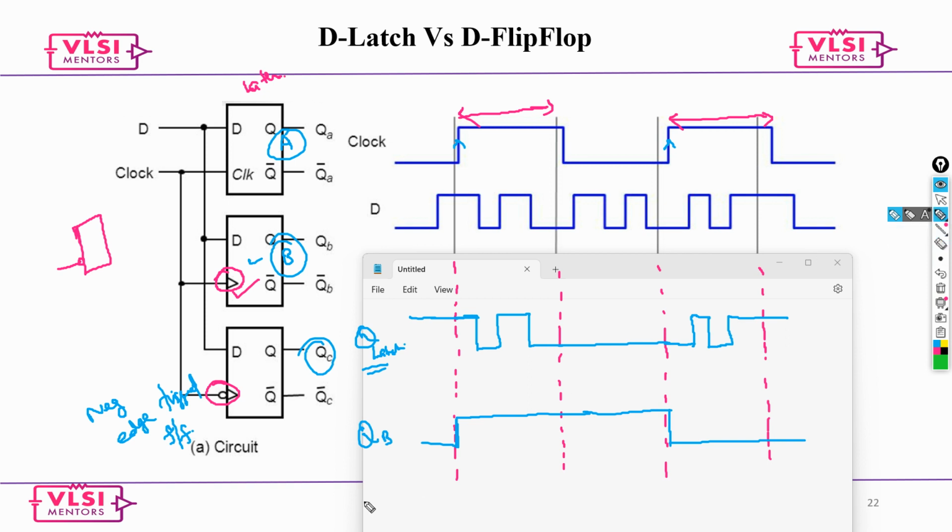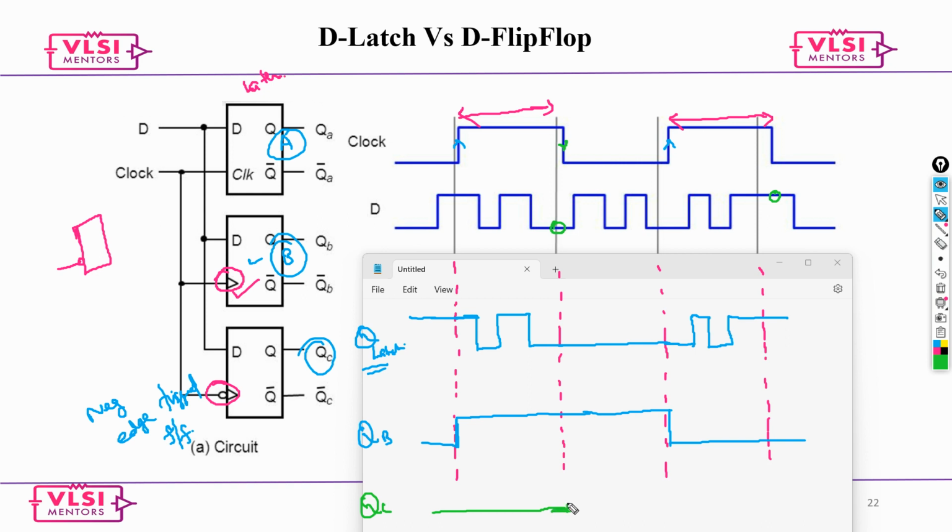Now QC is going to be the negative edge triggered register. If you look here, you need to look at the negative edge. It is 0 here and then here it is 1, so it is going to be 0.